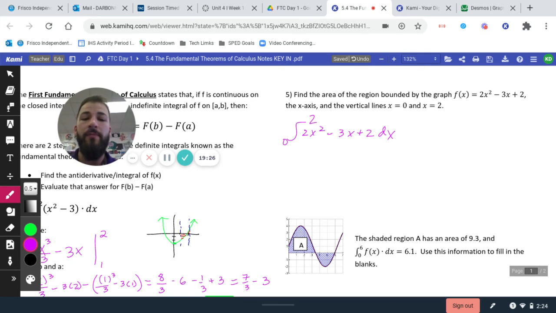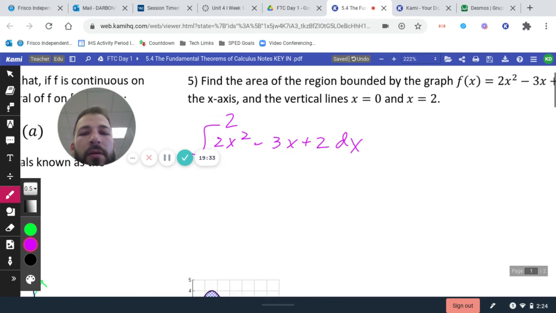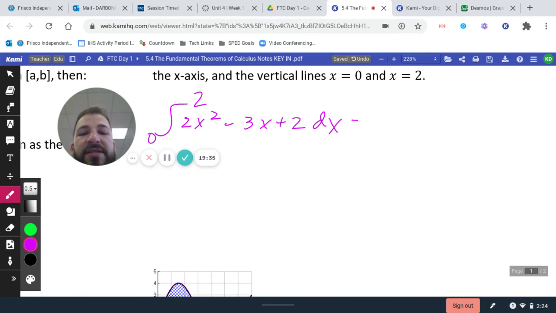So we're going to integrate, and then we're going to evaluate our fundamental theorem. So this is equal to 2x cubed over 3 minus 3x squared over 2 plus 2x, evaluated from 0 to 2.